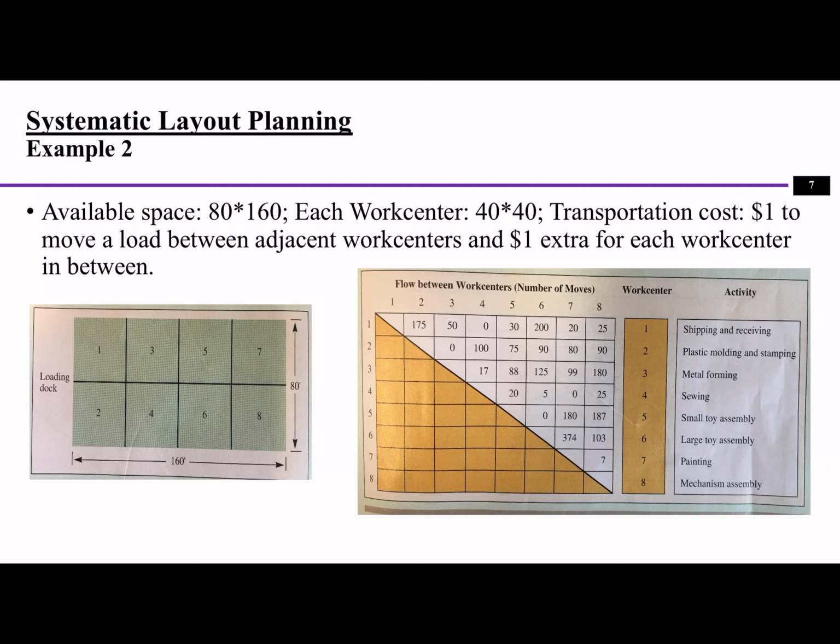So it means if you are moving one item or transport from one station to another station, for example 1 to 3, then it's $1, right? From 3 to 5, it's $1. But if you want to move 1 to 6, then you can go this way, and this way.